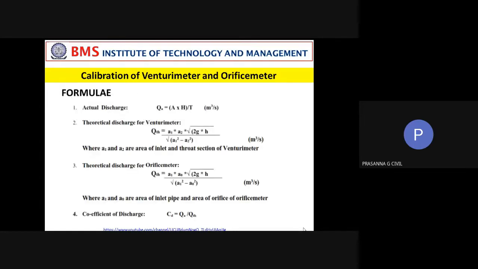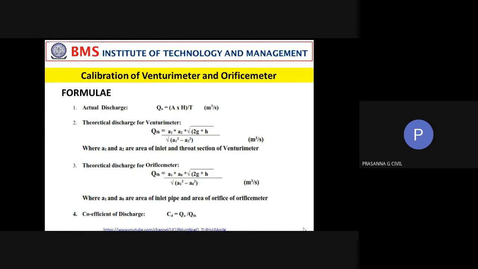The formulae required to calculate the values for CD of the venturi meter and orifice meter are actual discharge, A into H by T, where A is the area of the collecting tank, H is the rise of water in the collecting tank, T is the time required for rise of water.